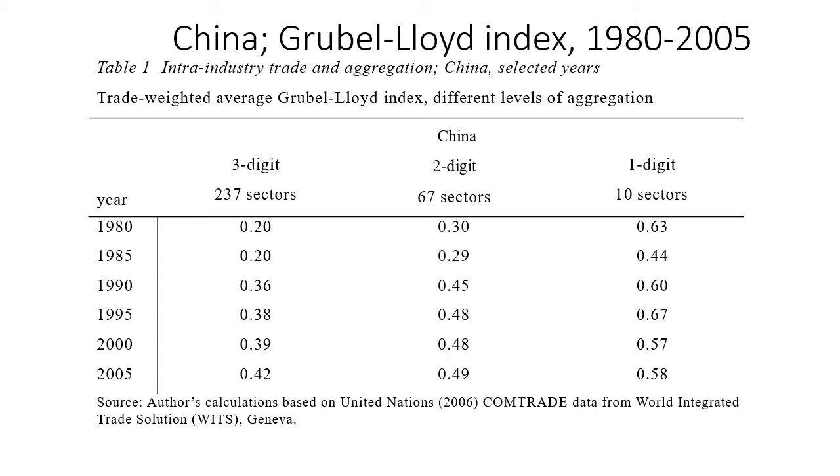We see that the 3-digit sectors, their value for inter-industry trade in general is lower than the 2-digit ones and the 1-digit calculations. But over time, from 1980 to 2005, all three, 1-digit, 2-digit, and 3-digit, their inter-industry trade value or the global Lloyd index increases over time.